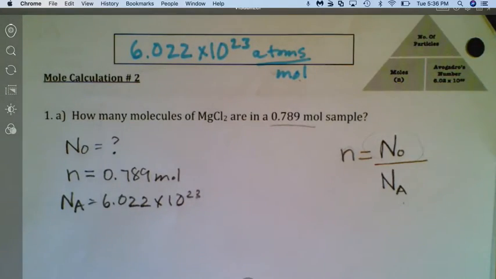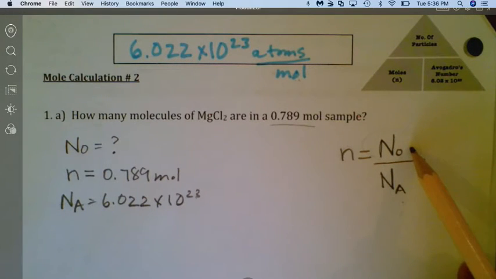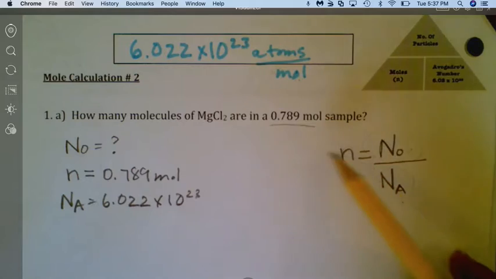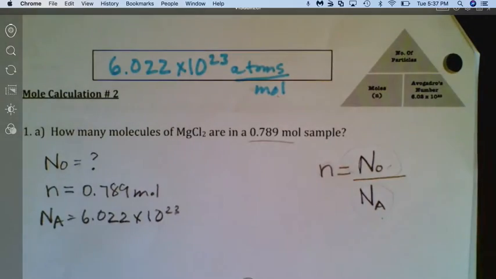Okay? So if I had to solve for number of molecules, that's this symbol here, we would have to rearrange this to isolate number of molecules as a single variable on the top, and we leave it as a numerator. So if I was to bring Avogadro's number to the other side of the equal sign, instead of being divided, it would be multiplied. You can use this mole triangle if you were trying to solve for number of particles.